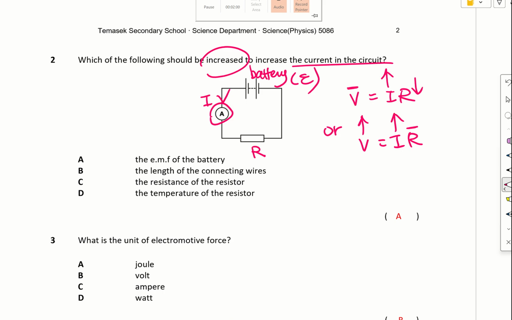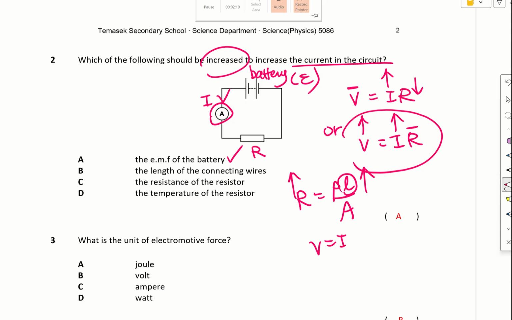So what if I increase the EMF? Yes. Okay. How about if I increase the length of the connecting wires? Now, as you know, R equals rho L over A. If length is increased, the resistance will increase as well. So if I increase the resistance, then by V equals IR, if my resistance increases, my V keeps the same, my current will decrease.